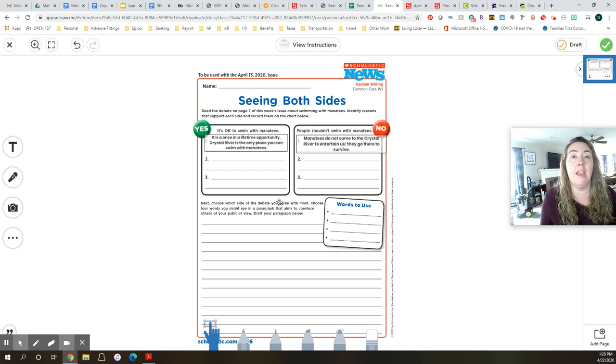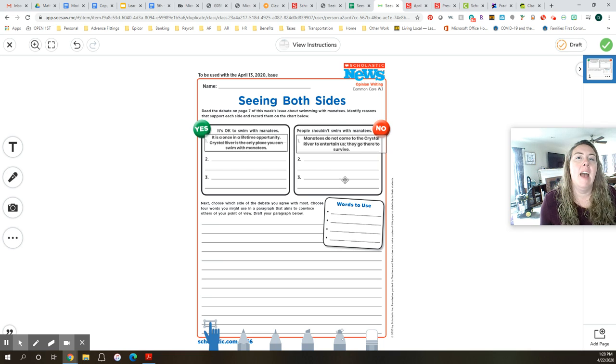So what do you think? Do you think that people should be allowed to swim with manatees or not? Okay. Over here in the words to use, you're going to pick 4 words that you think are really strong words that will help people be convinced of your opinion.